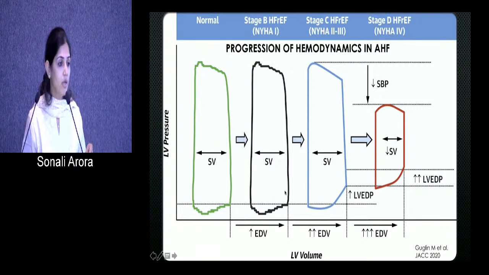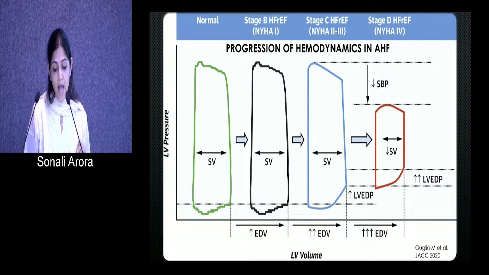EF is important, but EF is not everything. Filling pressures and EDV are really, really important, which I think all of us sideline sometimes, because you can see, as they are going from the left to right and as their end diastolic volume is increasing, gradually the LVEDP would increase and stroke volume will increase.